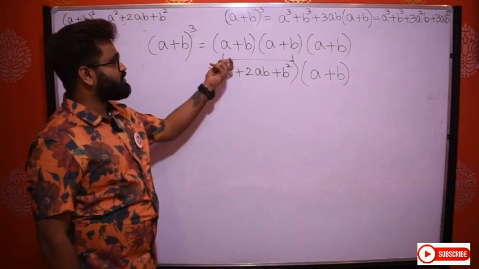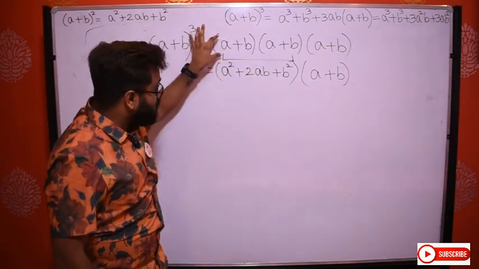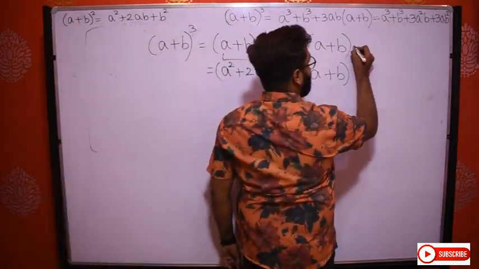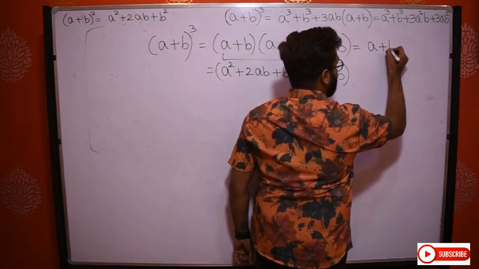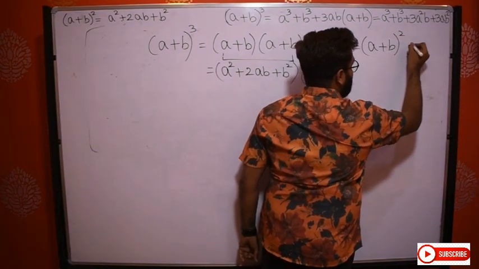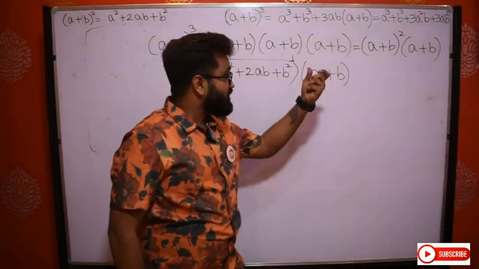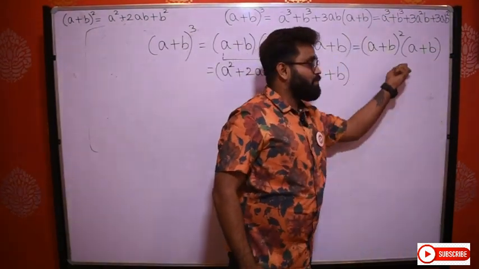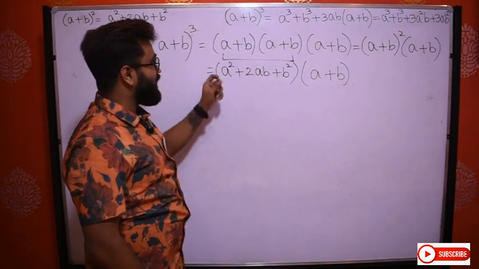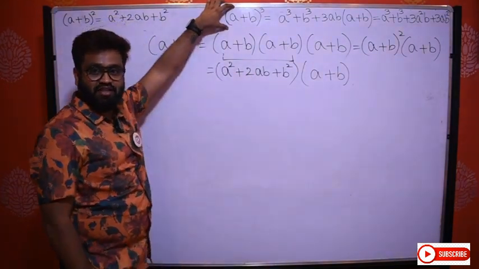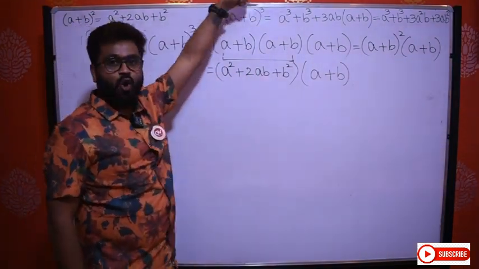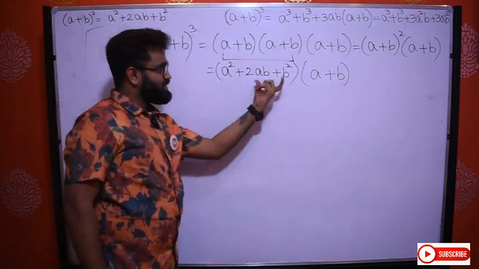We know what (a+b) whole square is. This can also be written as (a+b) whole square into (a+b). So we have (a+b), (a+b), (a+b) multiplied, and the combination of multiplication is called (a+b) whole cube.